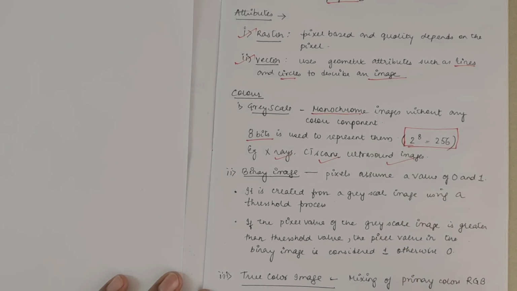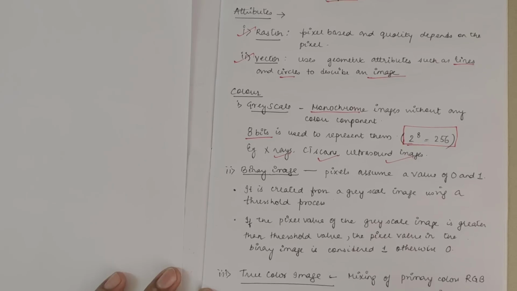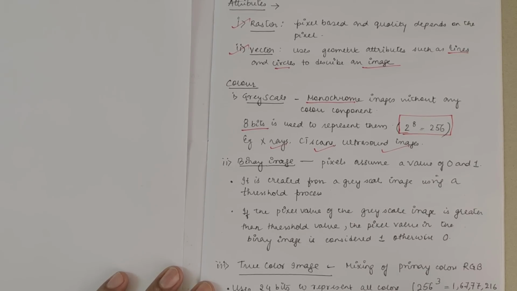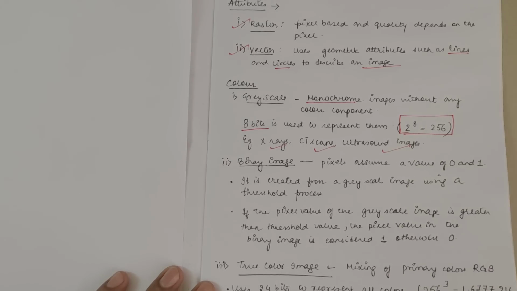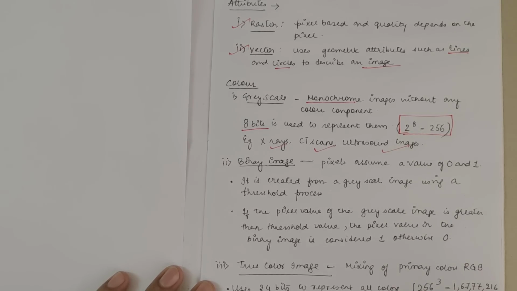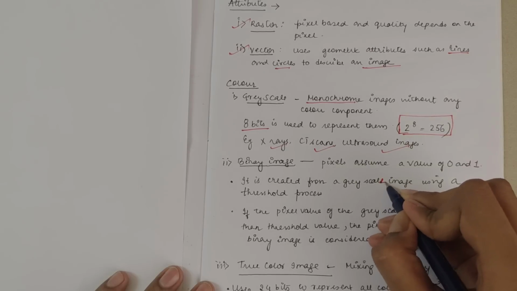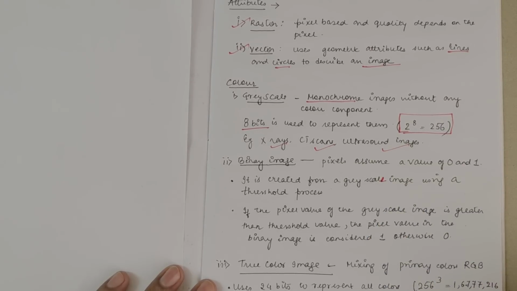Next we have a binary image. A binary image is an image which has pixels whose value is assumed to be 0 or 1. Next, how will you obtain a binary image? A binary image is created from a grayscale image using a threshold process. Now, what is this threshold process?